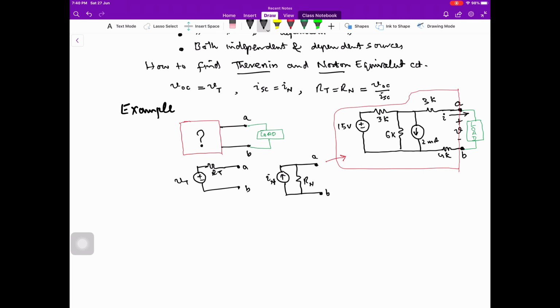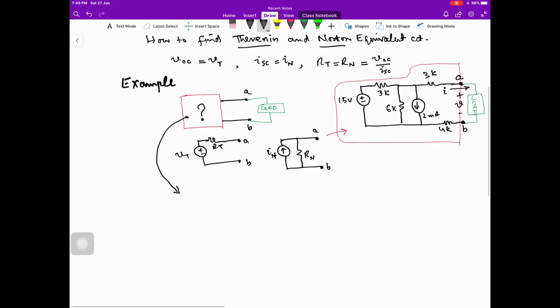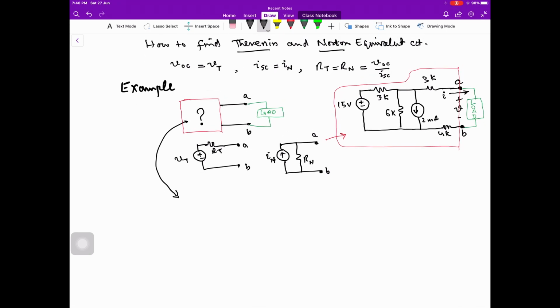Now in this part of the discussion, I will show you how we can represent this circuit mathematically. Mathematically means we will use V, the voltage over here, the load voltage, and I. We will express this circuit like V is equal to K i plus, you can say, C. How can we do this?